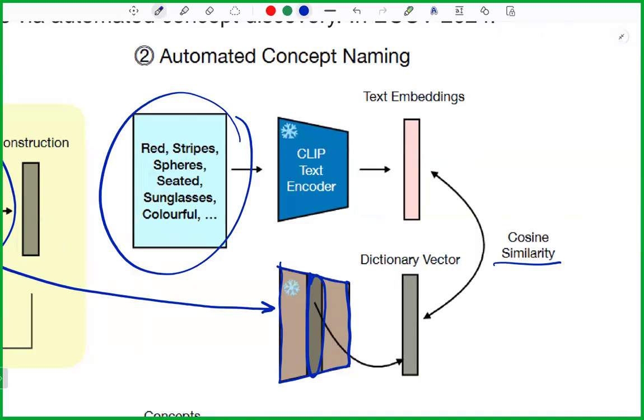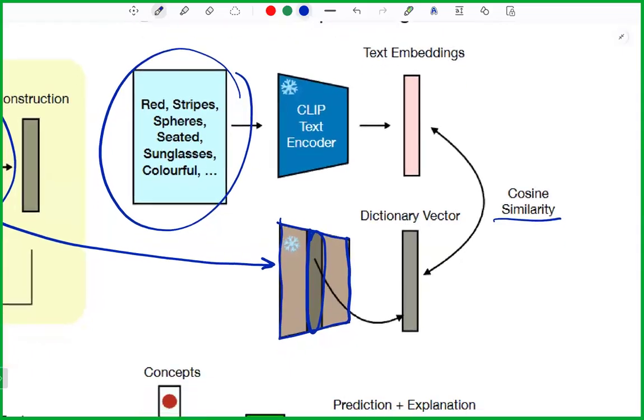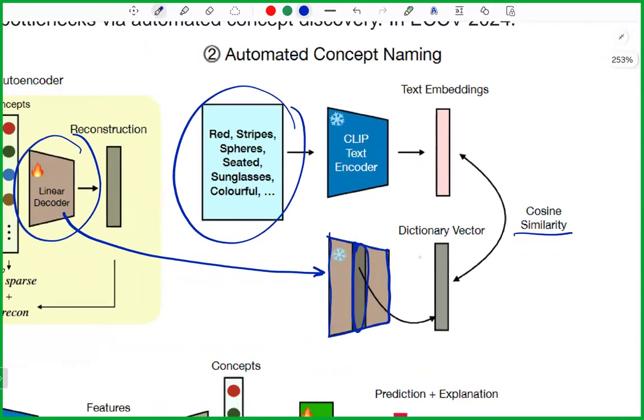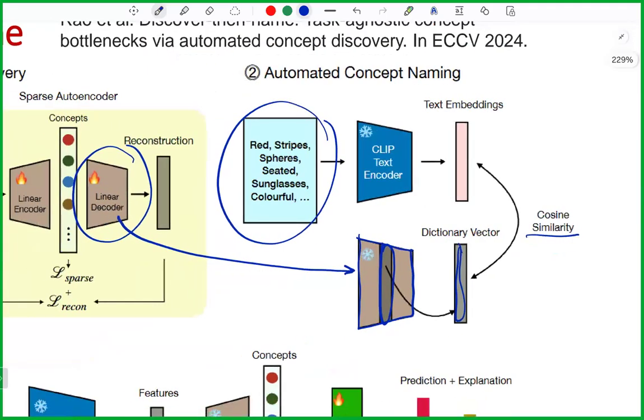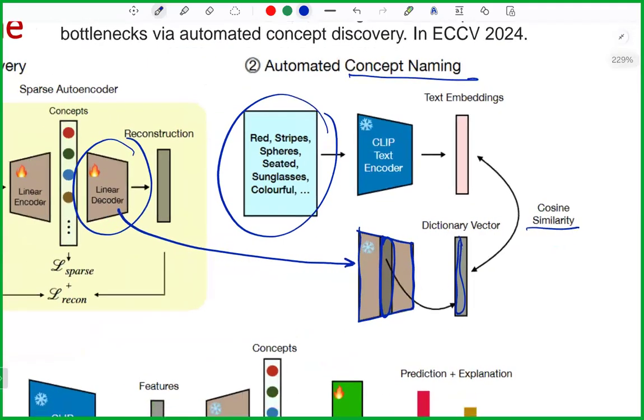We said this is bottom-up, but you still need a list to name them. But this list can be everything in the English language. So this is not a curated set. So you assign each dictionary vector to a concept name, and this part is the concept naming part.